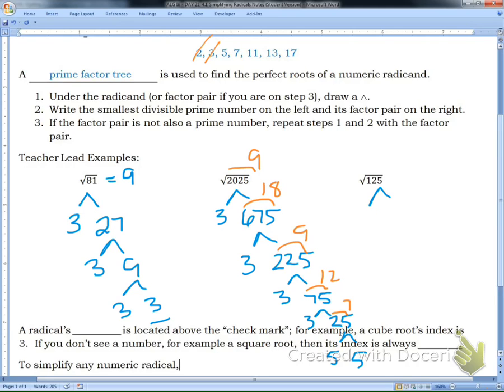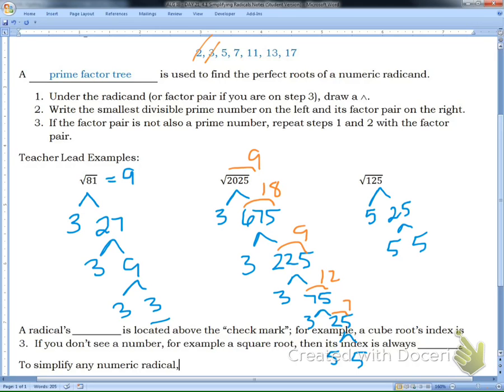Well, the number ends in 5, so I know it can be divisible by 5. 125 divided by 5 equals 25. 25 can be divided by 5, which is 5, and that's a prime number, so I'm done. So I've made the prime factor trees of all these. Well, how does this help me find the square root of a number?